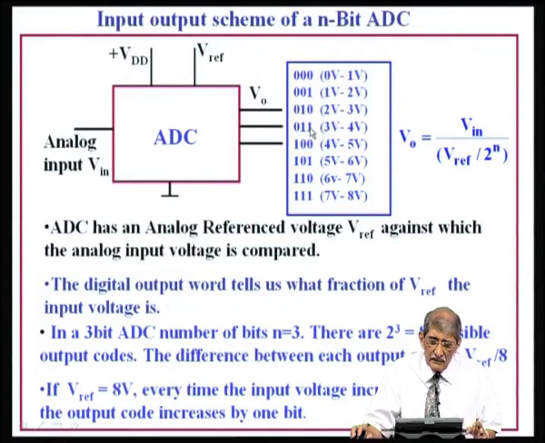Each digit you multiply by 2 to the power of something. Here it is 1 into 2 to the power of 0, that is 1. Here this is 0 into 2 to the power of 0, that is 0, and 1 into 2 to the power of 1, that is 2, that is why this number is 2.